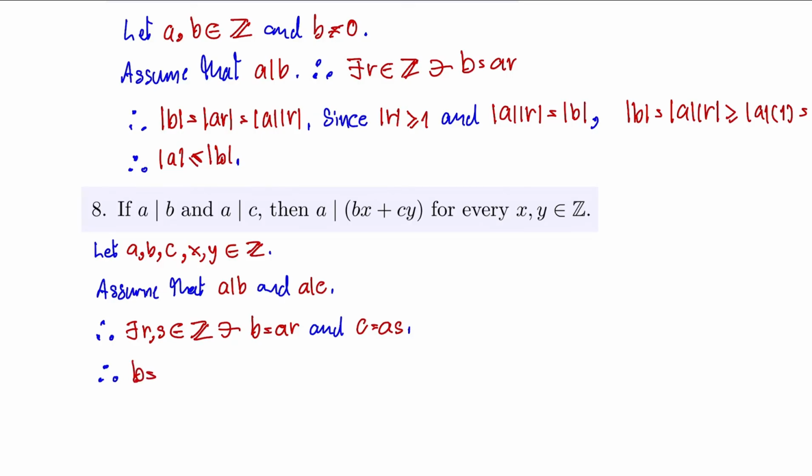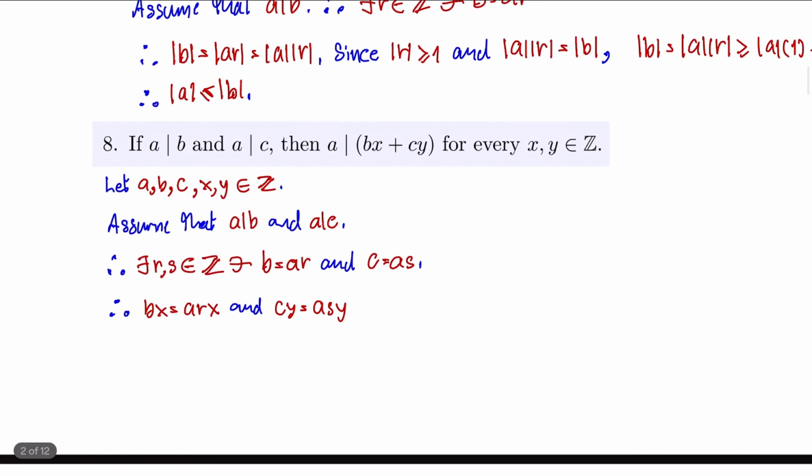So bx becomes arx, right? And what happened to cy? It becomes c times y, and c is as, so asy. Alright?